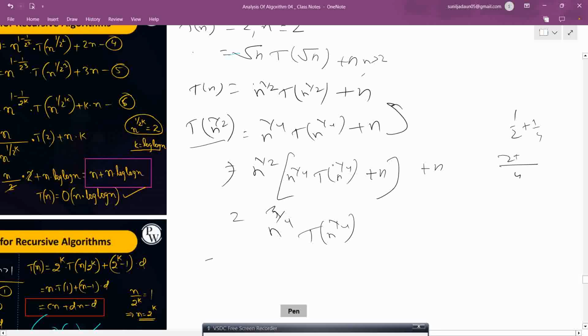Here is 1 by 2, this is 1 by 2, right? So 1 by 2 plus 1 by 2 is 1, so 2n, right?